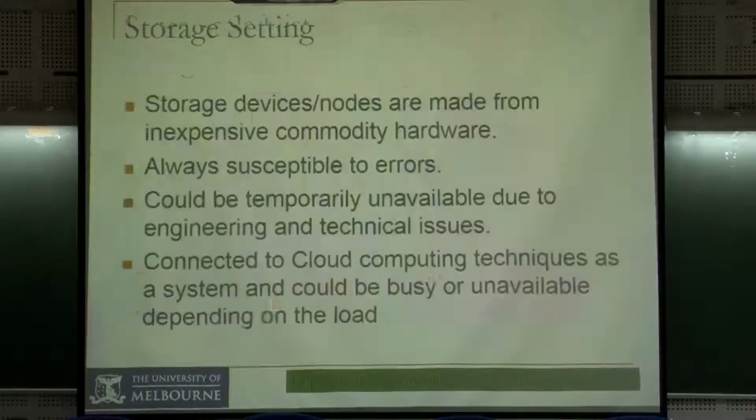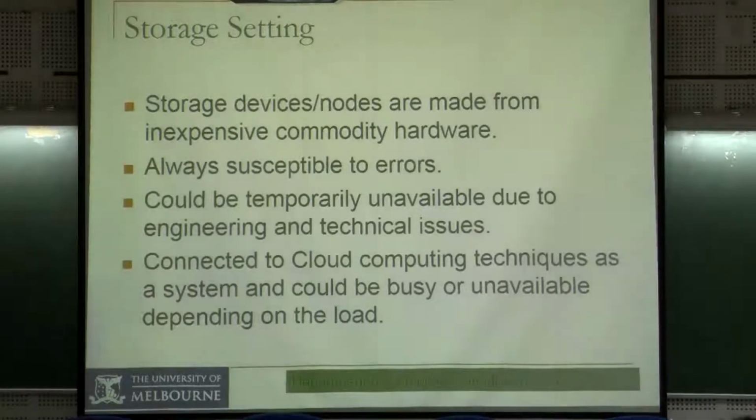So in some sense, I was just talking about the same things. Storage devices are now made from inexpensive commodity hardware, so they are always susceptible to errors. The data may not be available, or sometimes a processor has sent out a request for data and it is not available. That is also sometimes called a misread.